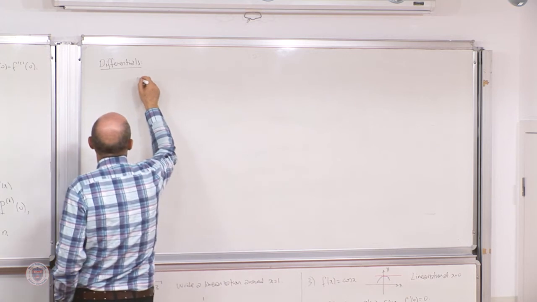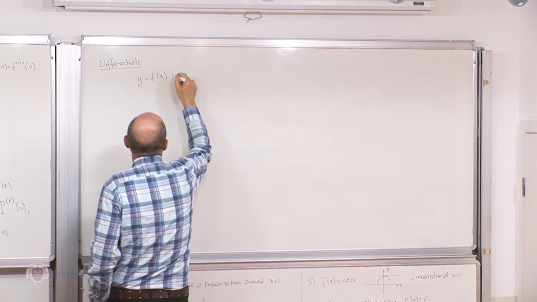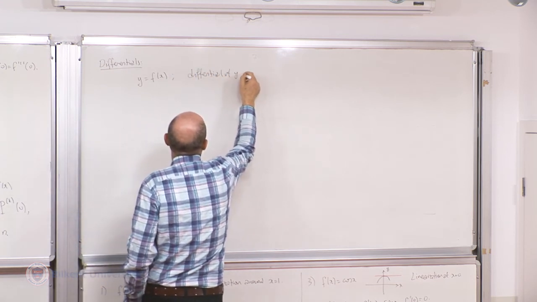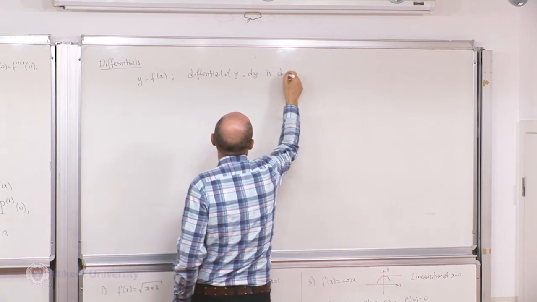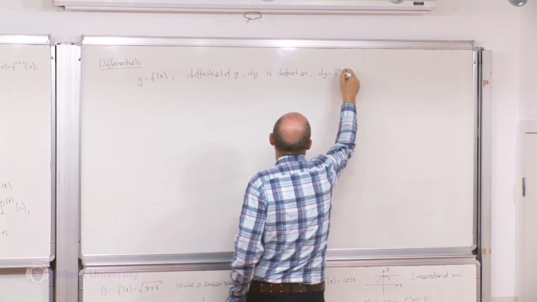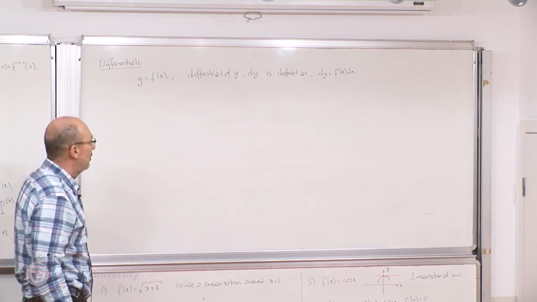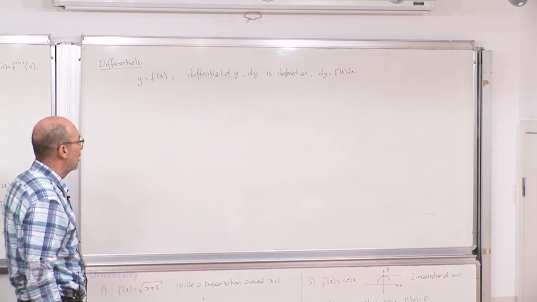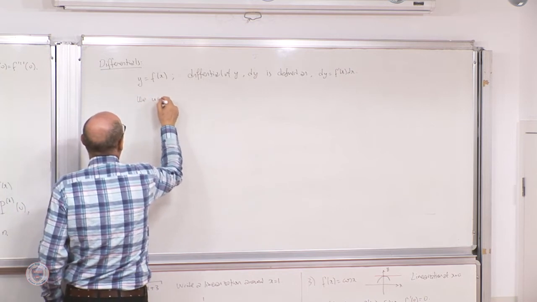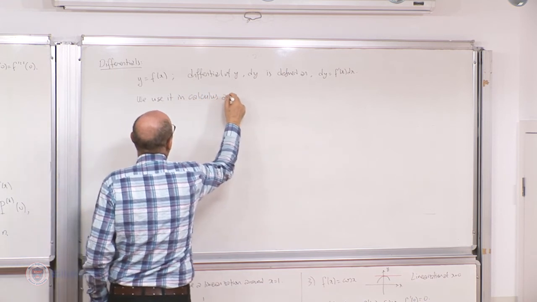So if you have y equals f(x), then the differential of y, dy, is defined as, for some reason, f'(x) dx. Okay, you take the derivative of this with respect to x, and you have this. So we use it in calculus as follows.